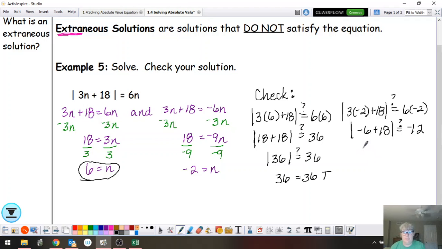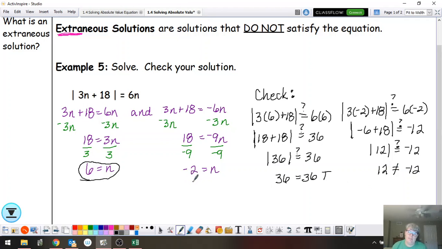But if you'd like to see further, negative 6 plus 18 is a positive 12, but is the absolute value of positive 12 going to equal negative 12? Remember, absolute value is how far away from 0 is it? It's 12 units. It's a positive 12. Well, positive 12 is not the same thing as negative 12, because that is not a true statement.